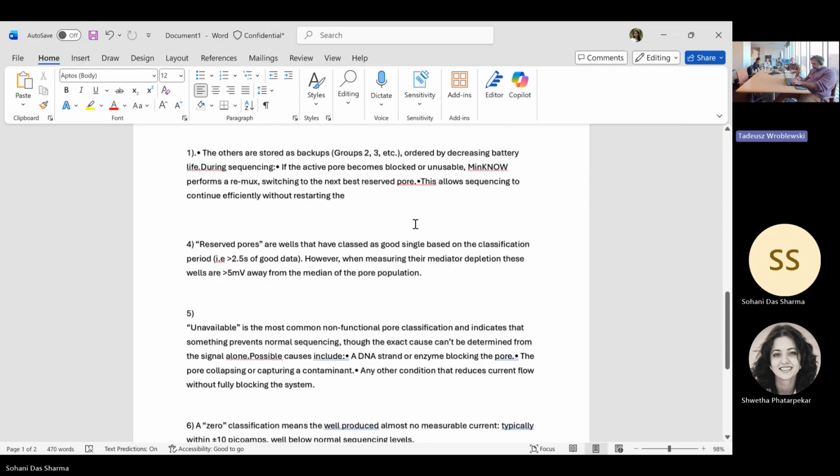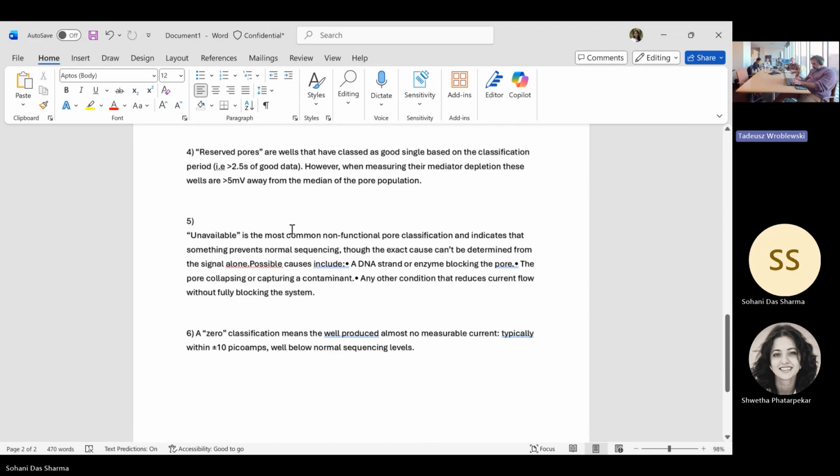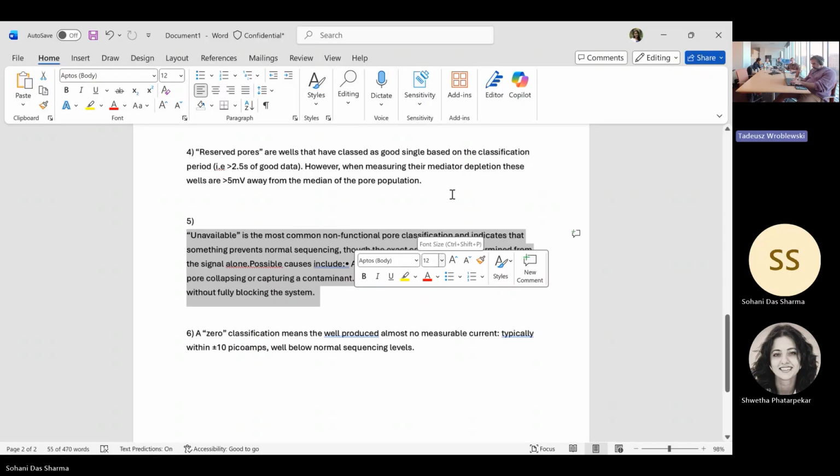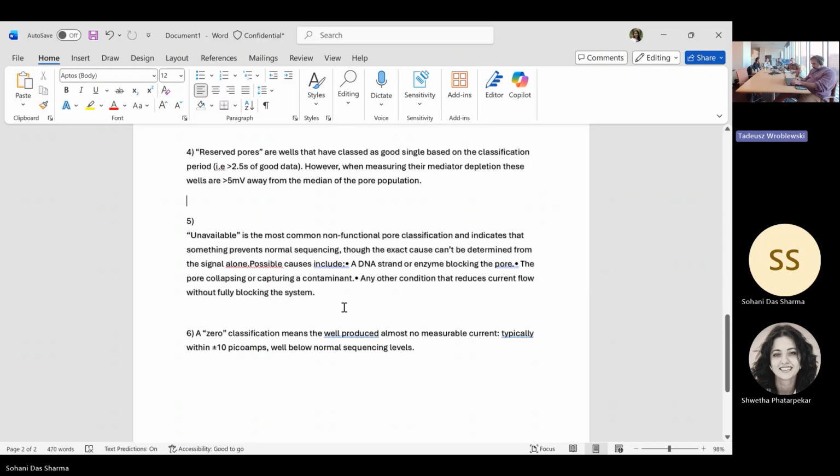What else is important? The reserve pore, the unavailable one. This is also a non-functional one. It means the sequencing is not happening, and it could be because of some contaminant there. So those pores are unavailable, and there is another one which is called zero. There is no current for the zero pore.